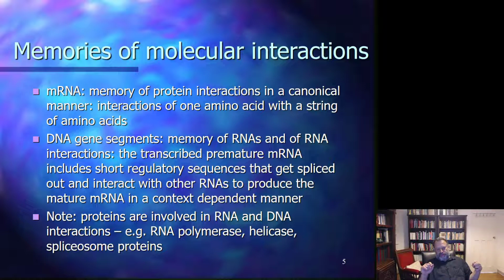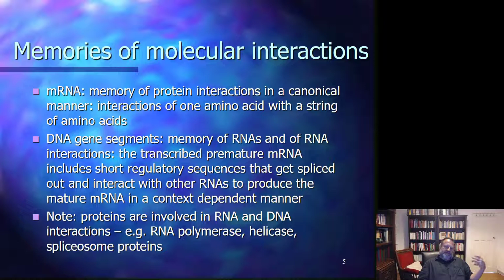Now, at the end of the previous part, we noted that the mRNAs can be seen as memories of protein interactions in the way that they represent the memory of interaction between one amino acid and the string of amino acids.